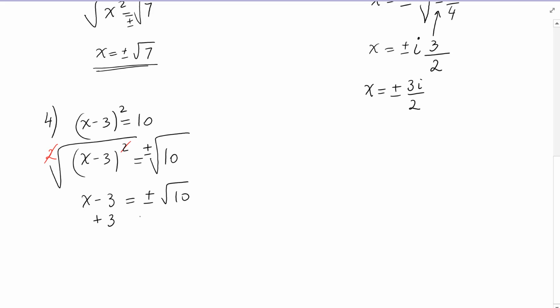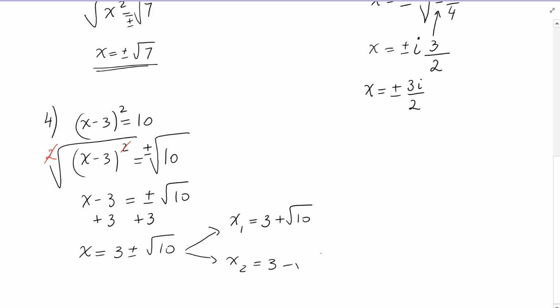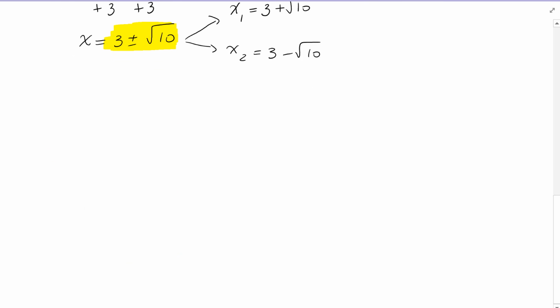If we add 3 to both sides, we end up with x equals 3 plus minus square root of 10, which are 2 solutions. The first one is 3 plus square root of 10, and the second one is 3 minus square root of 10. But we can always write it in a compact form, plus minus.